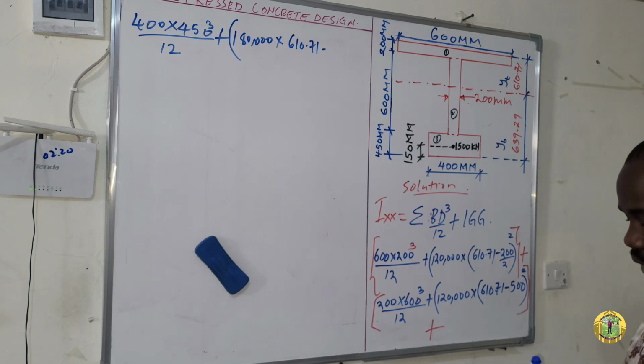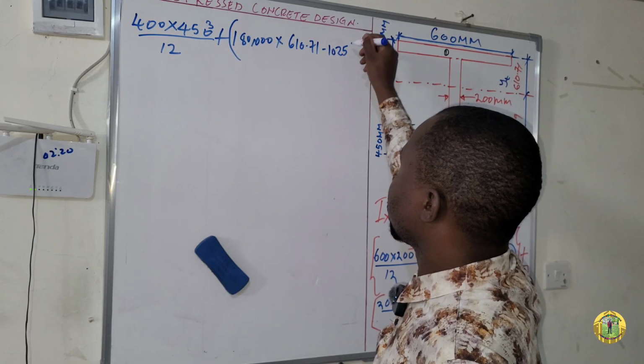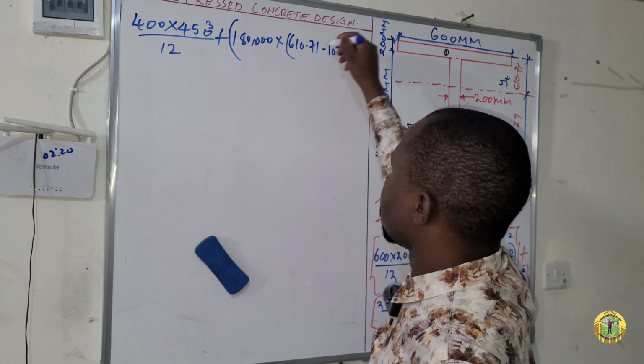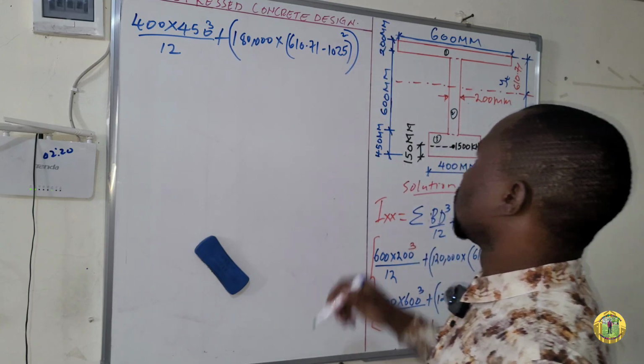So you get 1025 minus 1025 all over 2, like that.